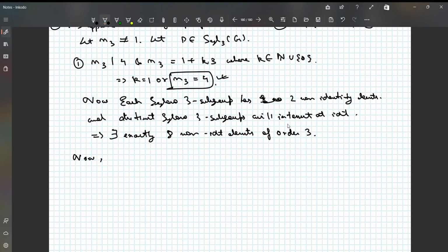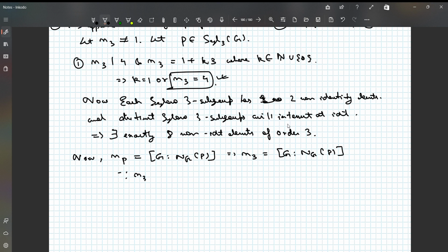Now, recall this was also a part of the Sylow third theorem, that NP, that is the number of Sylow P subgroups, is the index of the normalizer of an arbitrary Sylow P subgroup in G. Now N3, so it will be the index of the normalizer of P in G, where P was chosen to be some Sylow 3 subgroup.